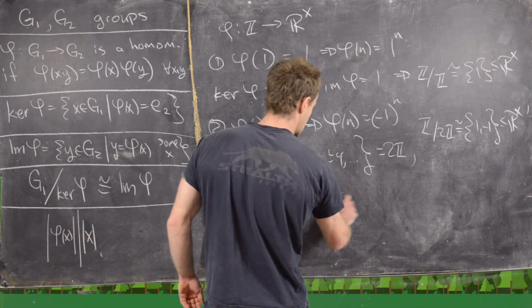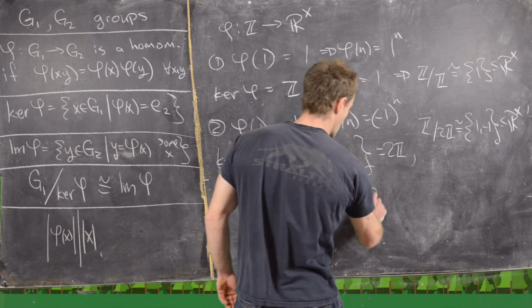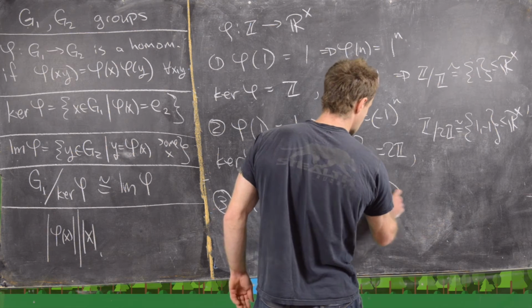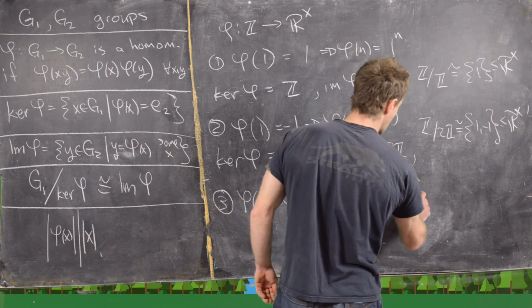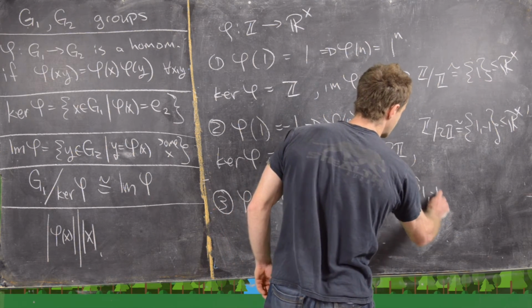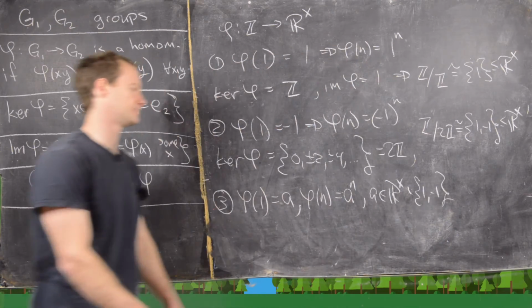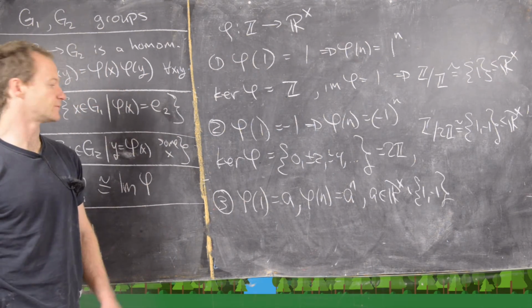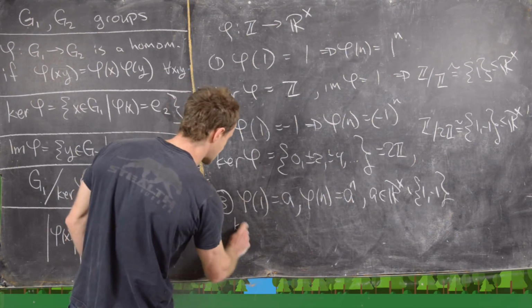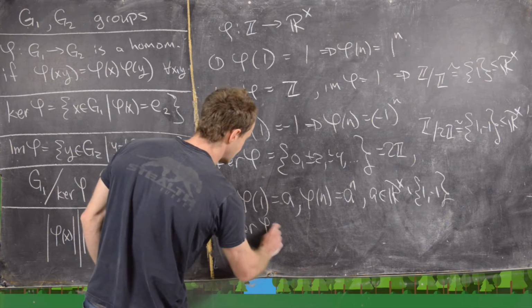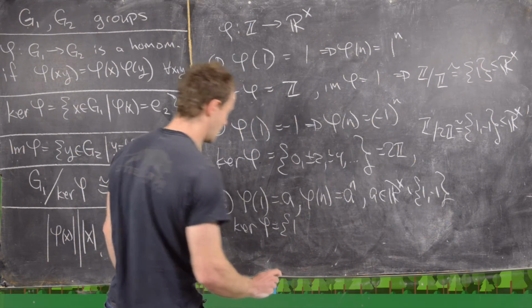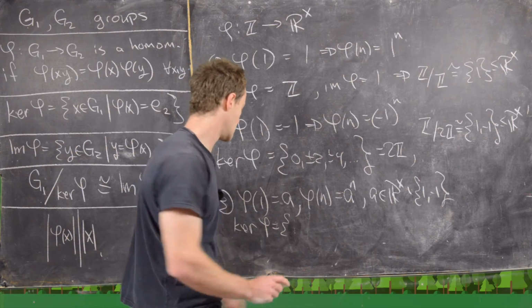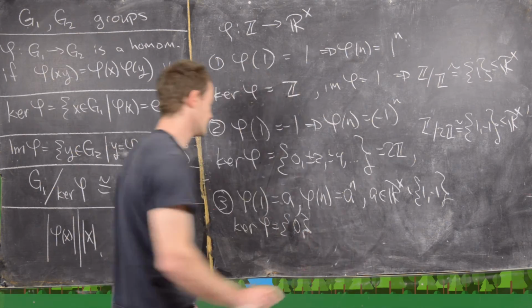Okay, now the next interesting example is what if we take phi of 1 to be a, in other words, phi of n equals a to the n, where a is in this group, but it's not equal to 1 or negative 1. Okay? So it's easy to check in this case that the kernel of phi is only equal to 0.